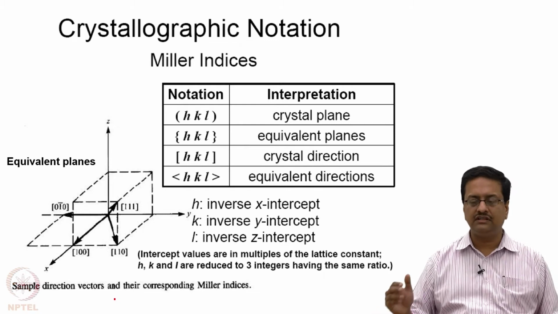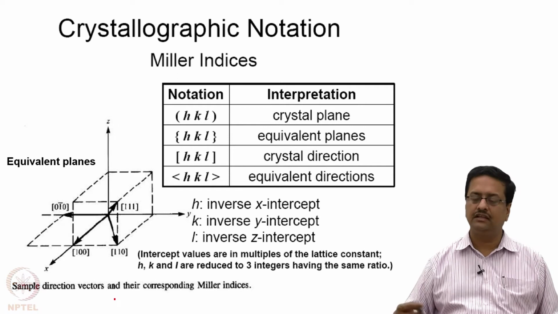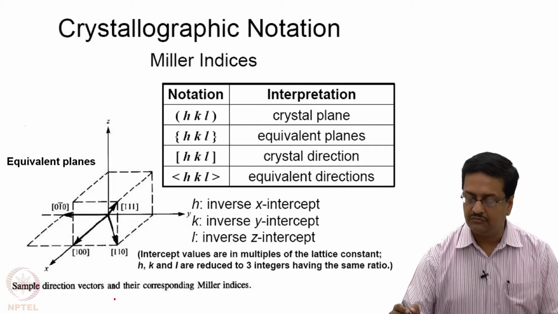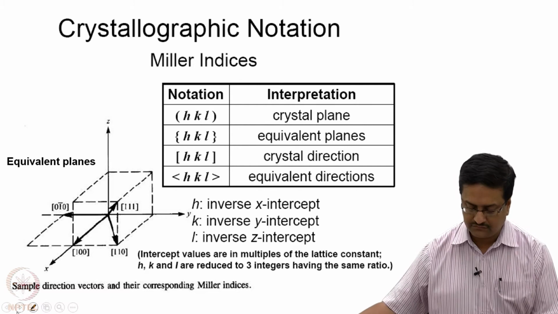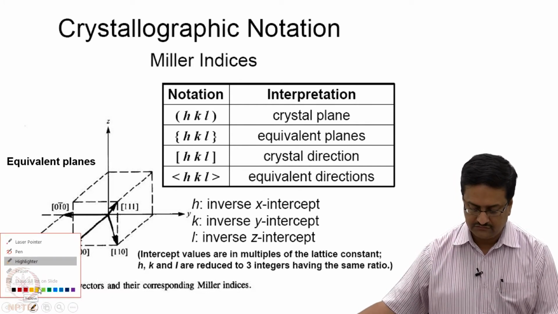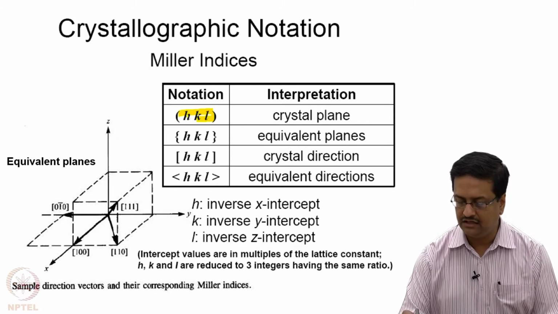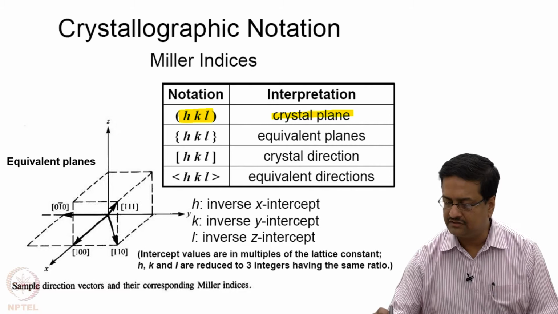So to conclude this section, I am bringing this slide in. When we write the Miller indices using the first bracket like (HKL) without any comma, it indicates a crystallographic plane.